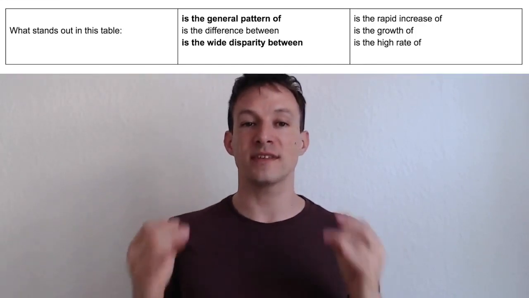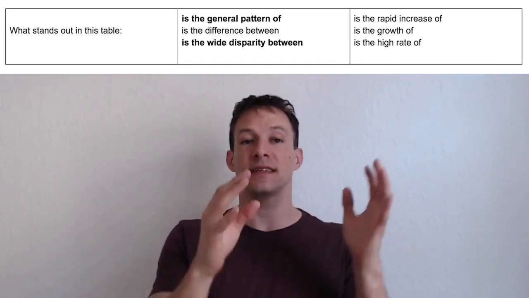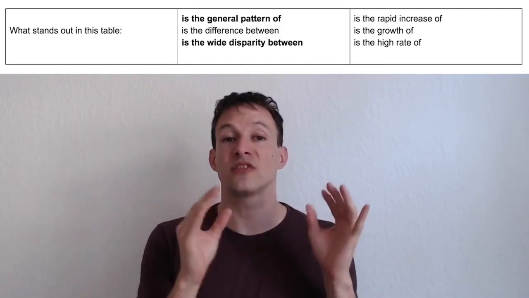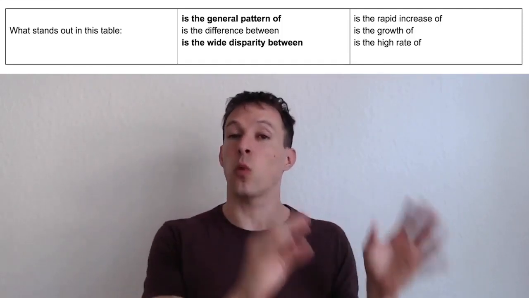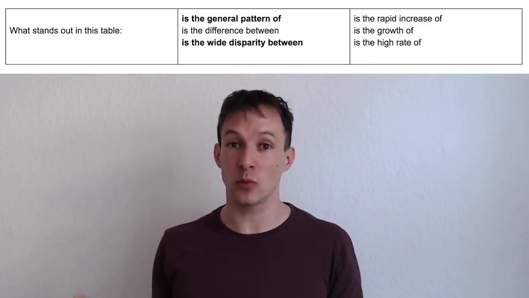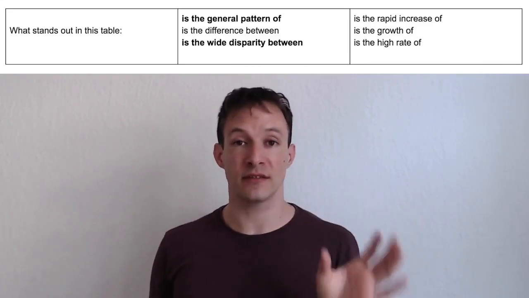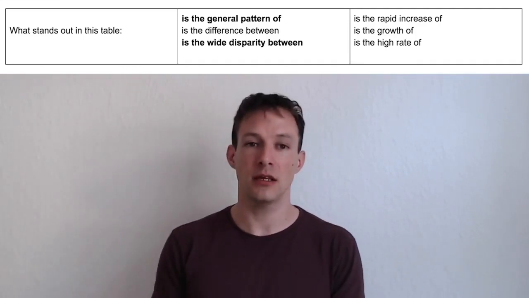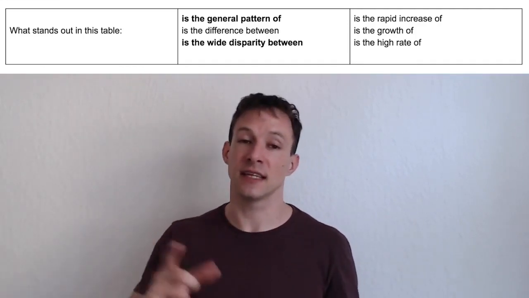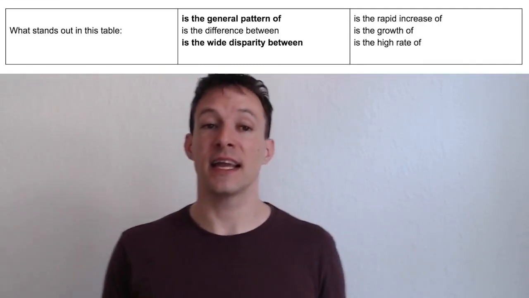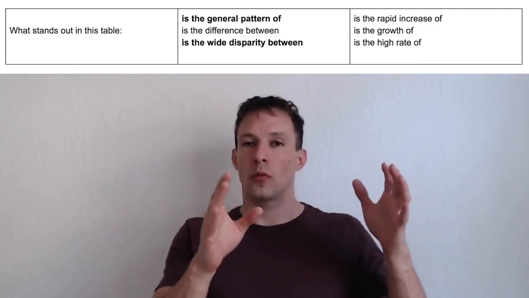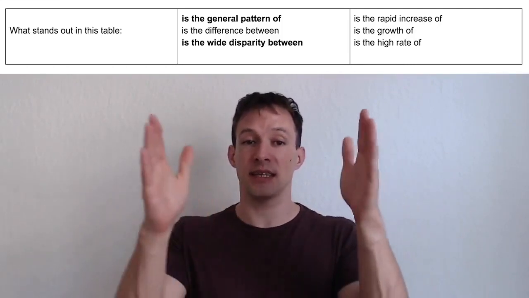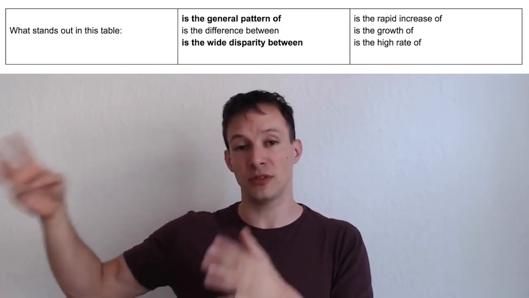Anyway, what stands out in this table is the difference between column A and column B, like we said before. What stands out in this table is the wide disparity between figures of 2020 and figures of 2030. Okay, I like that sentence and I'll explain why in a second. I gave you those two fragments: what stands out in this table is, and now we've got other opportunities at the end.